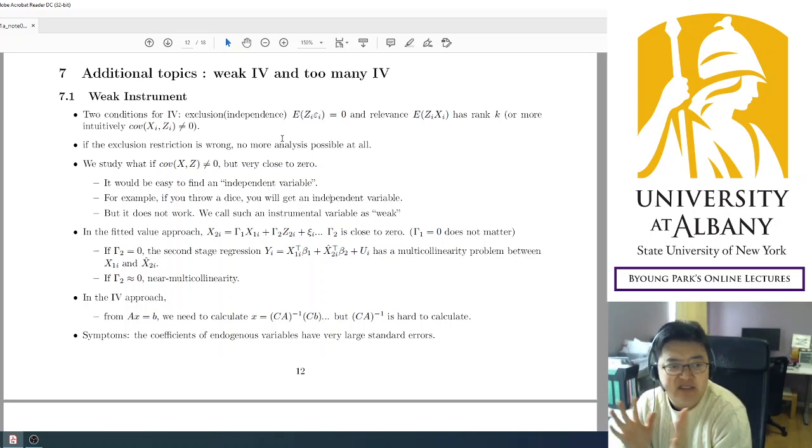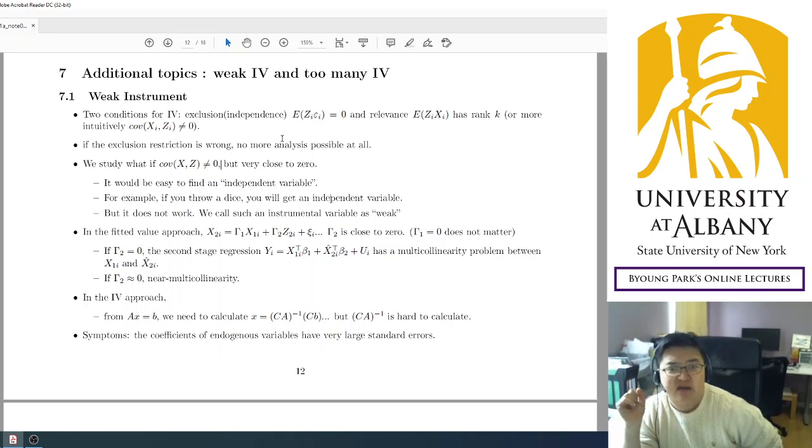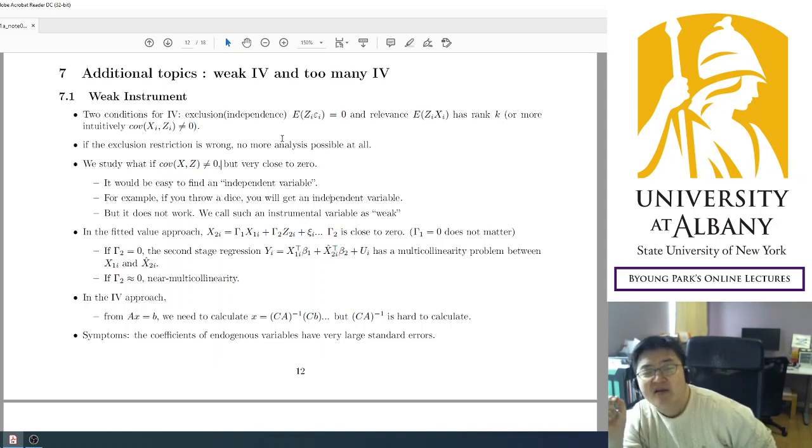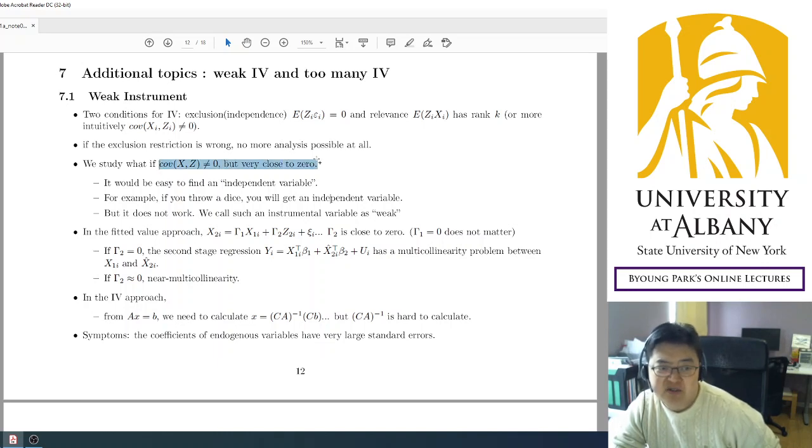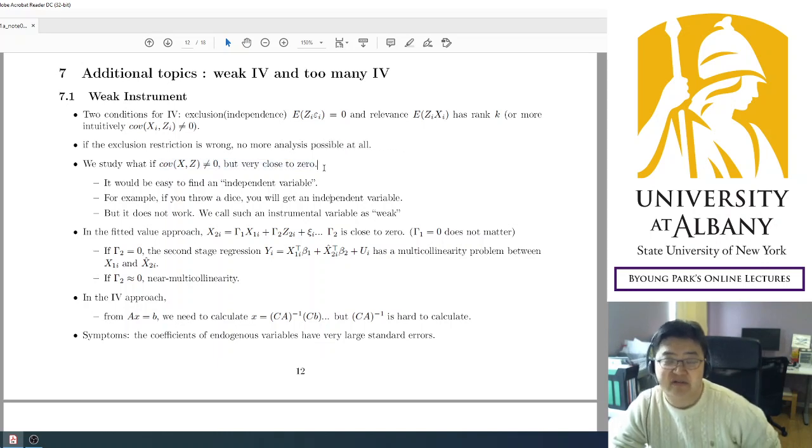But if their correlation is different from 1 but very close to 1, then still you have some problem in computation, similar to the denominator being equal to 0. A similar problem arises in this case too, regarding the relevance assumption.